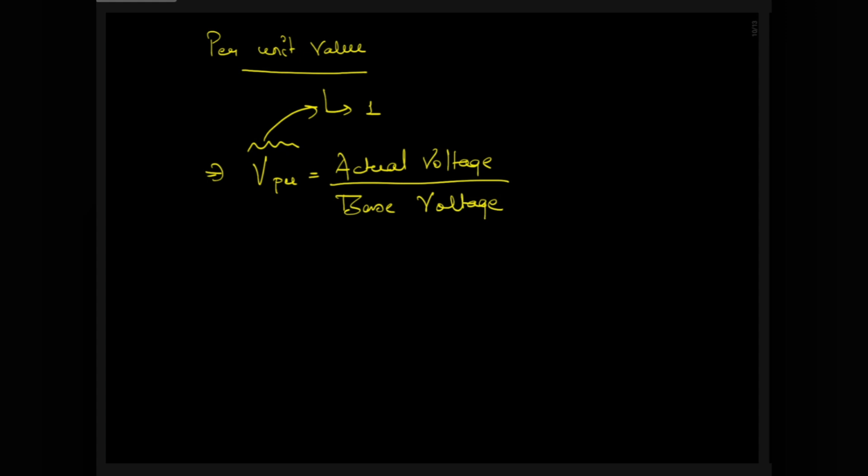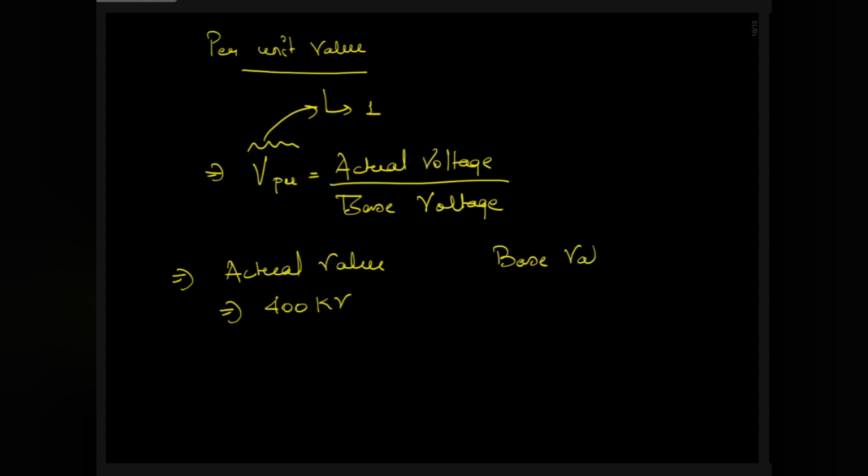It can be 0.6, 0.8, 0.9, 1, 1.1, means it should not be like 10, 60, 100. Okay, so if you take actual value as 400 kV and base value as 200 kV, okay, so what will be the per unit value?